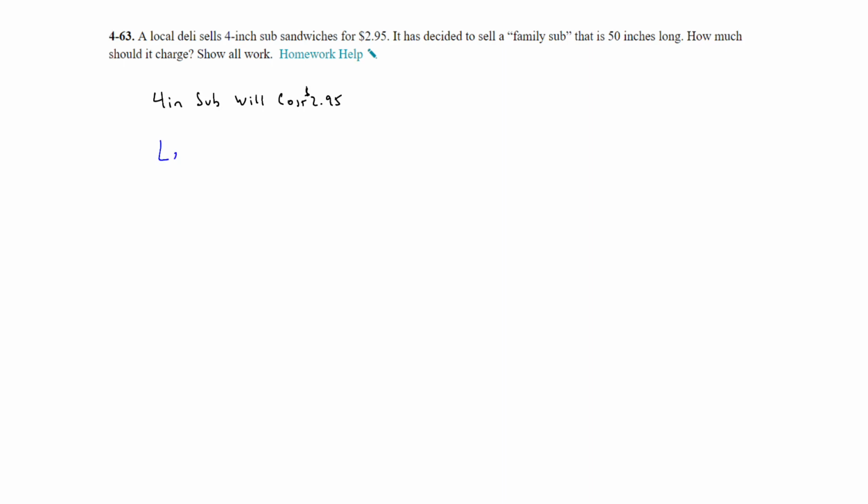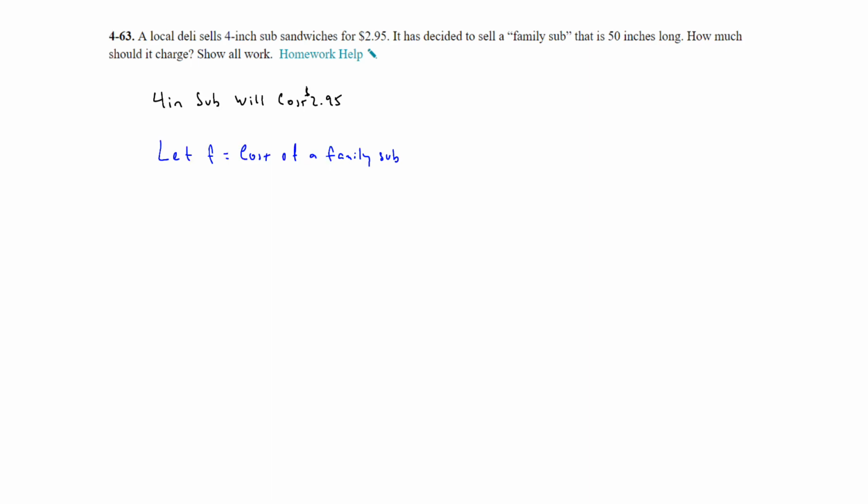So I'm going to define my variable. Let F equal the cost of a family sub, which is 50 inches long. There's a couple ways you could do this. You could probably just calculate it based on the information.